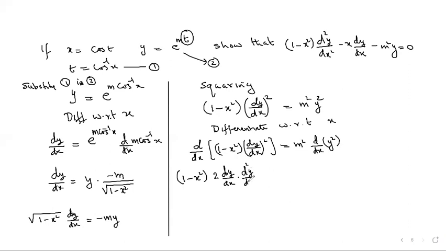Is it fine? This is why I trained you this before: u into derivative of v plus v into derivative of u. The right side is m square into derivative of y square, 2y derivative of y. Any problem?